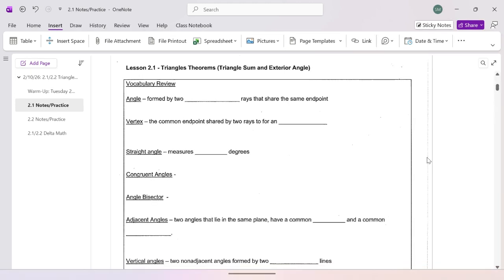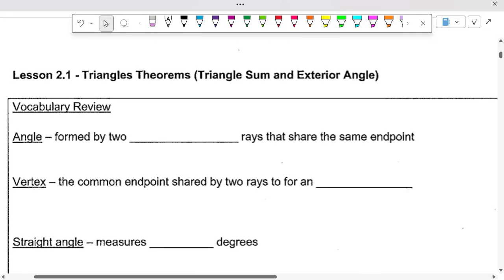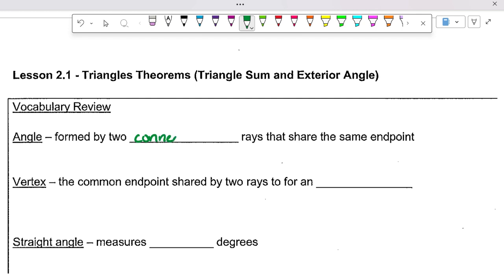All right, so before we get into some triangle theorems, first let's do some basic geometry review. An angle is formed by 2 connecting rays that share the same endpoint.